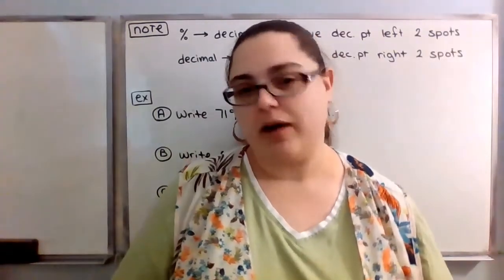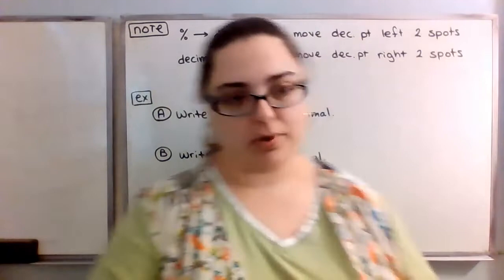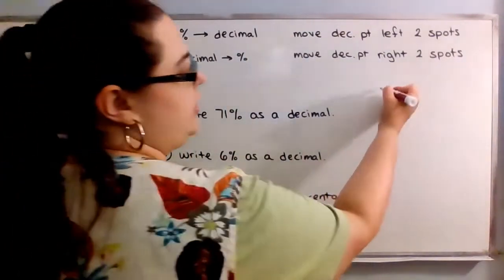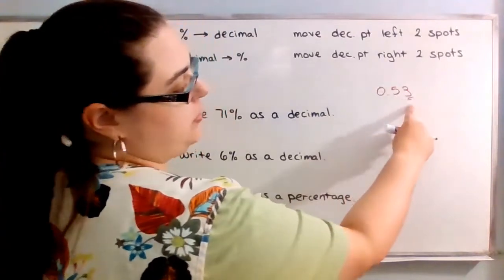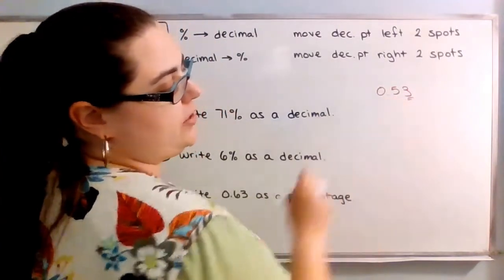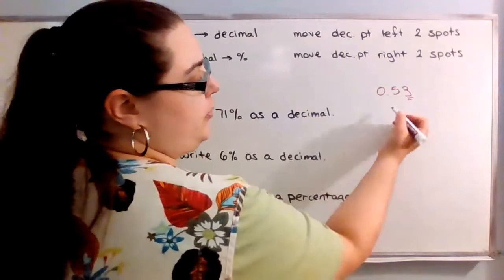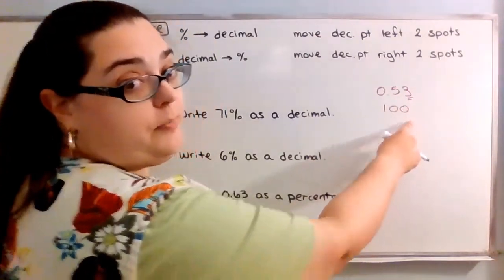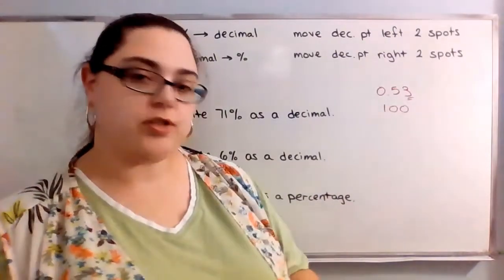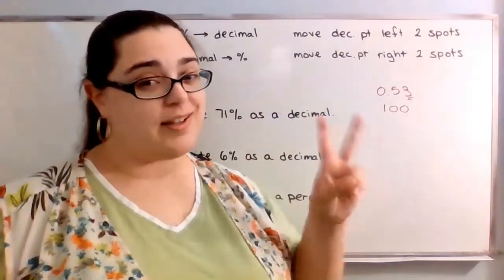If we think about where the hundredths place is on a number, for example 0.53, the hundredths place is 2 spots to the right of the decimal point. Or if we think about a number like 100, there are 2 zeros that follow the 1. So whether we're working with hundreds or hundredths, 2 is an important number.